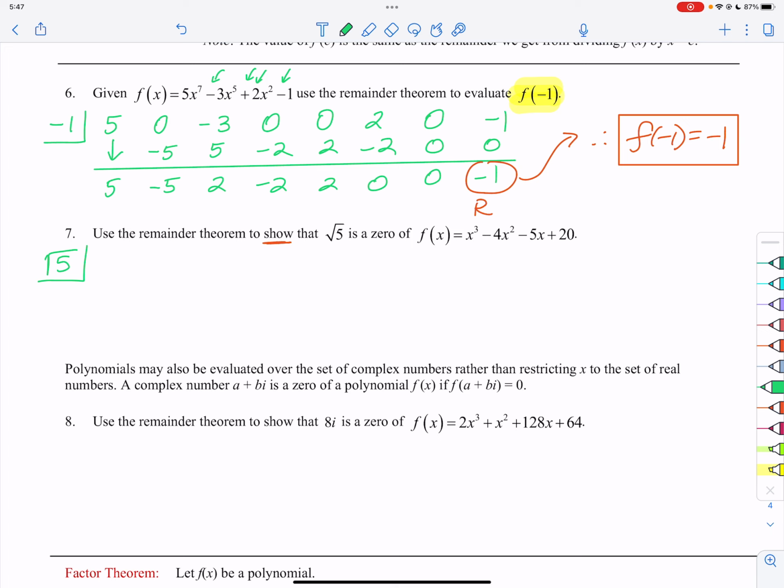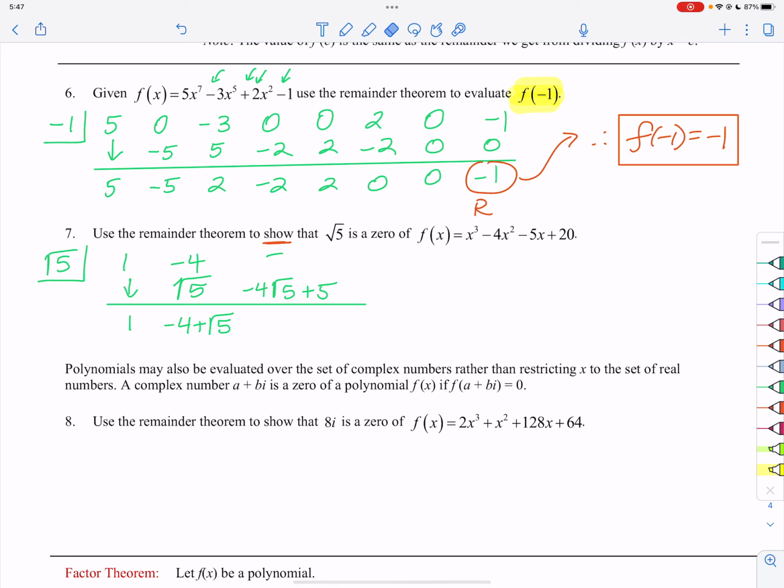And we'll use our coefficients 1, -4, -5, and 20. We'll go ahead and drop that 1. So square root of 5. And then we end up with -4 plus root 5. And now when we multiply here, we get a -4 root 5 plus 5.